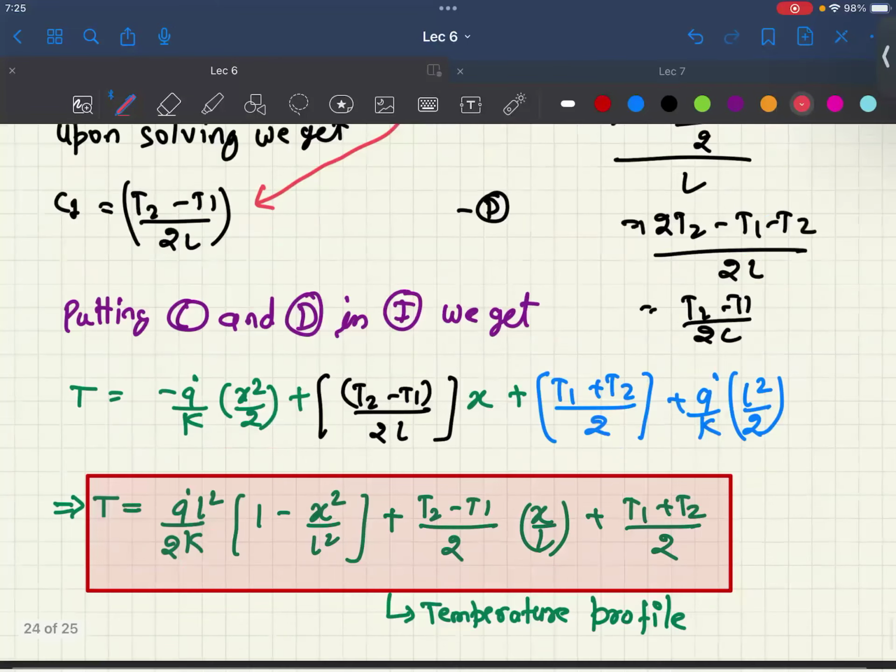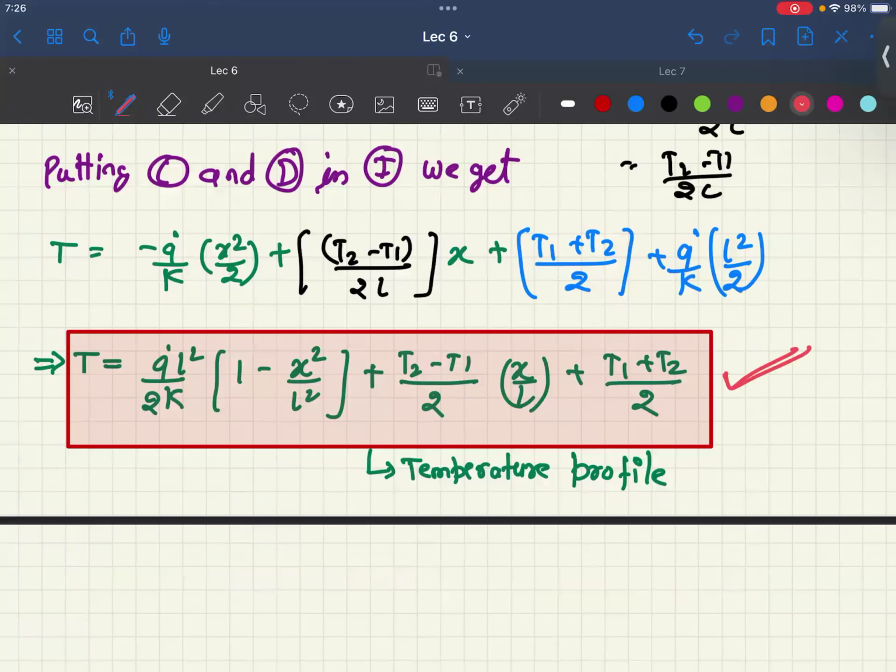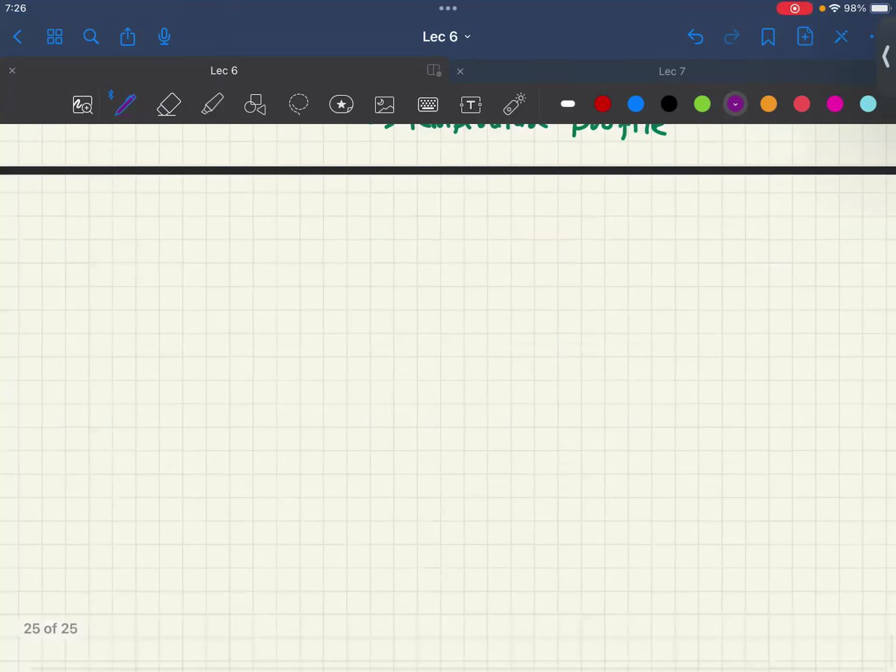So here you see that this is quadratic in nature, right? So temperature is quadratic.